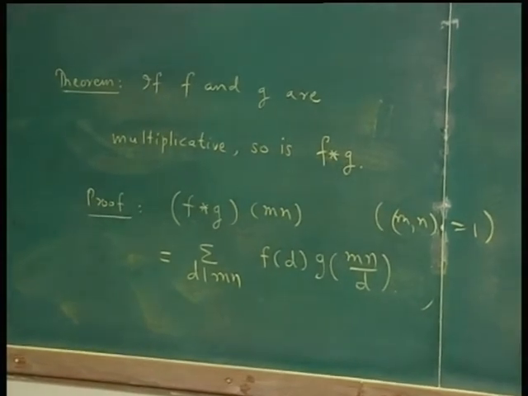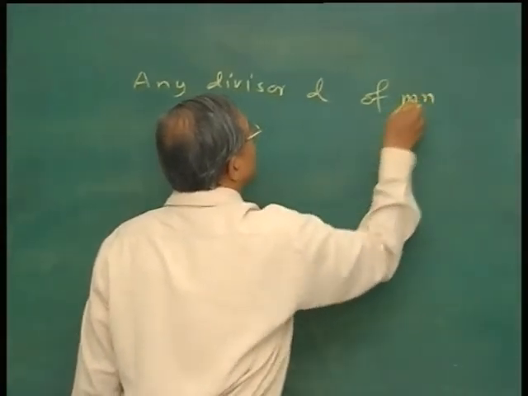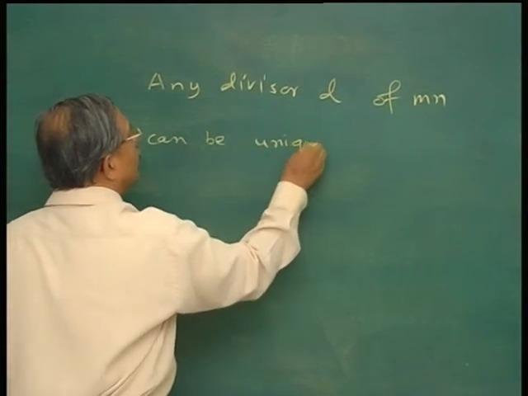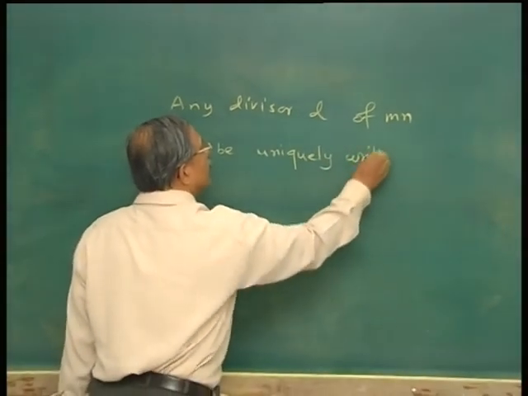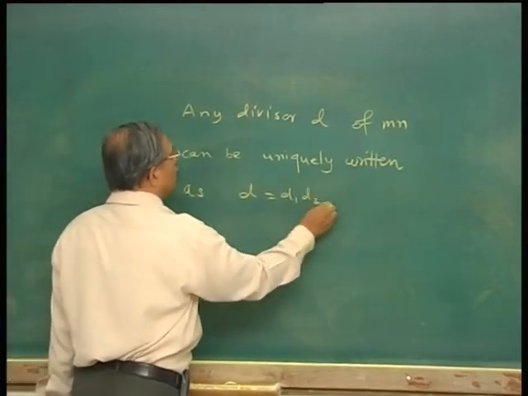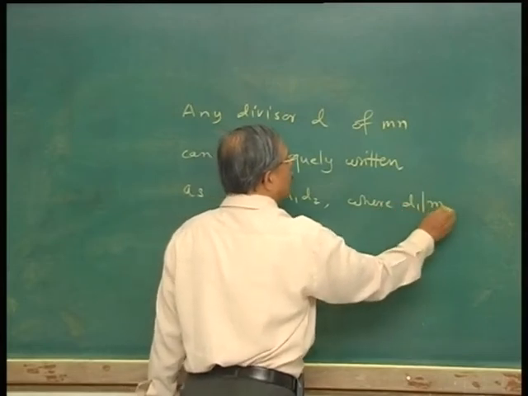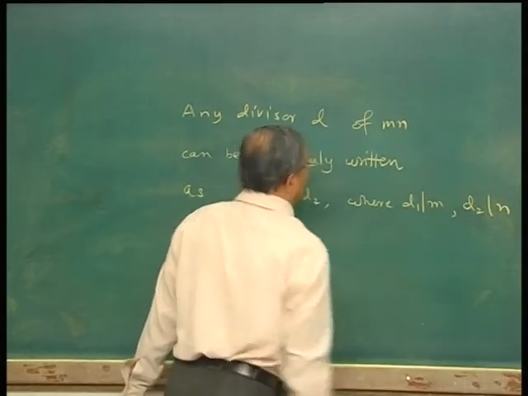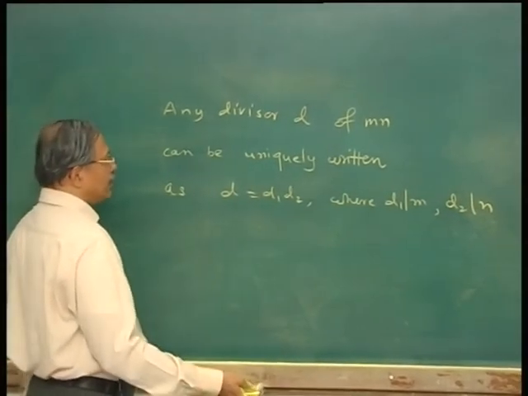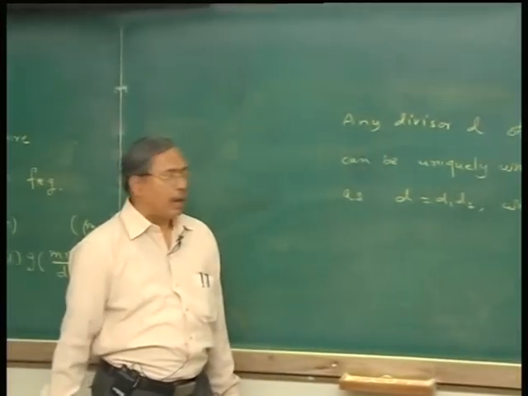Any divisor d of mn can be uniquely written as d equal to d1 d2, where d1 divides m, d2 divides n. And conversely, if d1 divides m, d2 divides n, then d equal to d1 d2 is a divisor of mn.